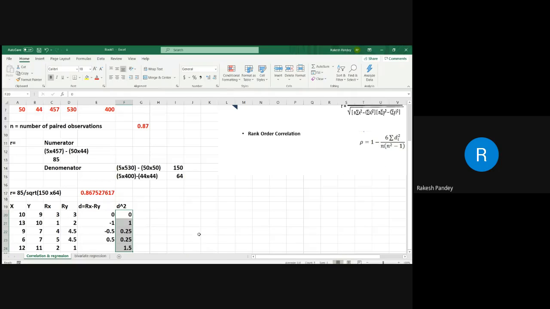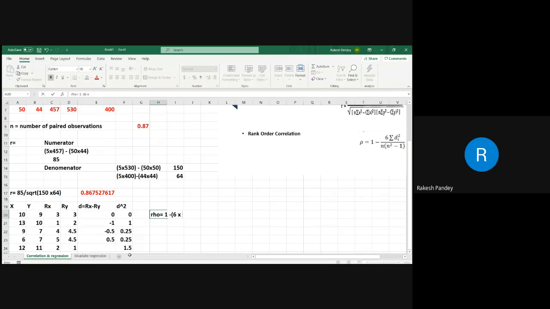So now compute rho. It is pronounced like this. Rho is equal to 1 minus, then put in bracket 6 into sigma D square. We will not square 1.5.